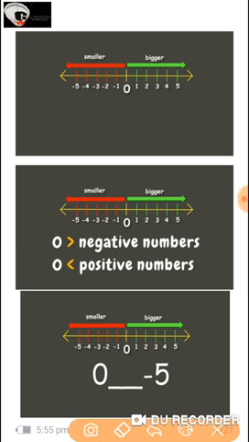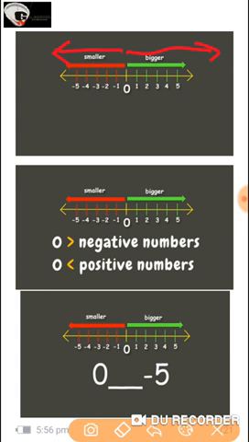It means that 0 is greater than every negative number, because I told you that the numbers on the left side of 0 get smaller and smaller. It means 0 is greater than any negative number. And 0 is less than any positive number, because numbers on the right side of 0 get bigger and bigger.